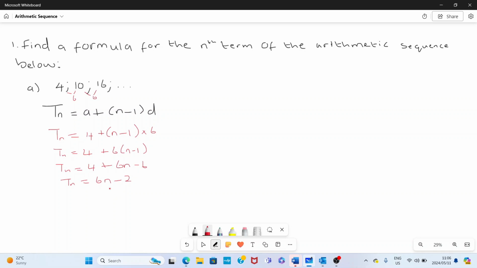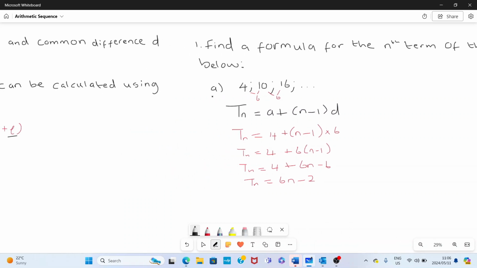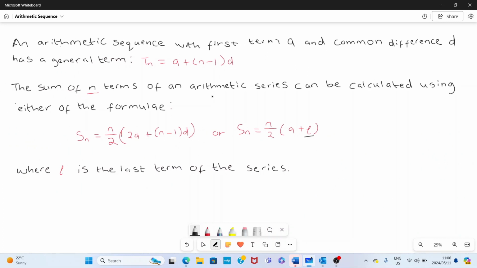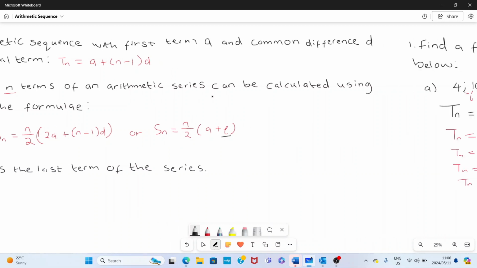I would maybe add on here, using the space that is still here, and say, using what we saw in the previous notes. Maybe if I can go back to these notes, we had the formula for Tn and the formula for the sum of n terms.